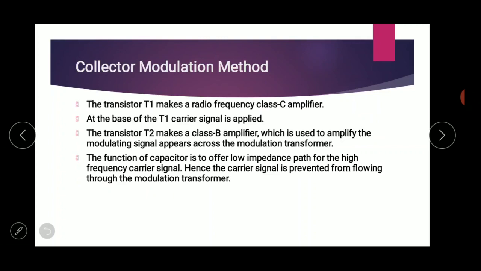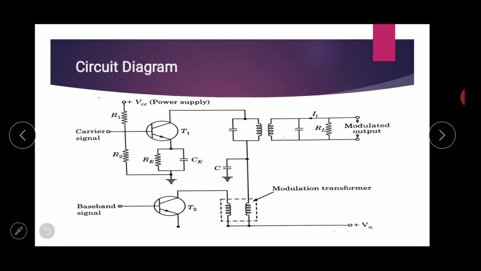The circuit of the collector modulation method consists of two transistors, T1 and T2. To the base of T1 the carrier signal is applied, and to the base of T2 the modulating signal is applied. Let's see the diagram.